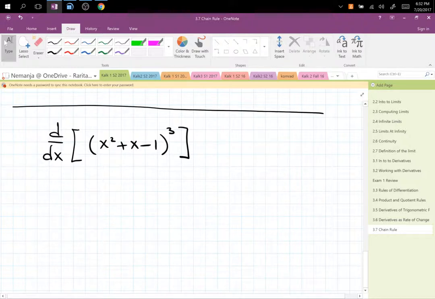Something cubed. So that's the shape, and the derivative of that is 3 blah squared, right? This could be sine x, it could be cosine x, it could be ln x, it could be whatever there. The shape of the entire problem is something cubed, whose derivative is 3 something squared, and then the chain rule is the derivative of the inside, which I call guts, derivative of the guts.